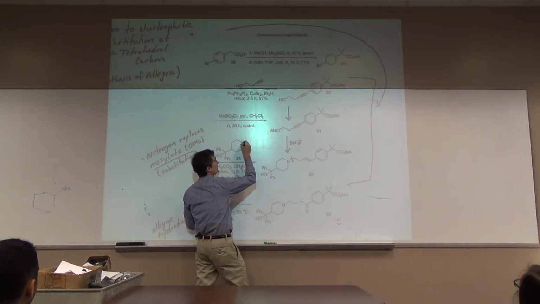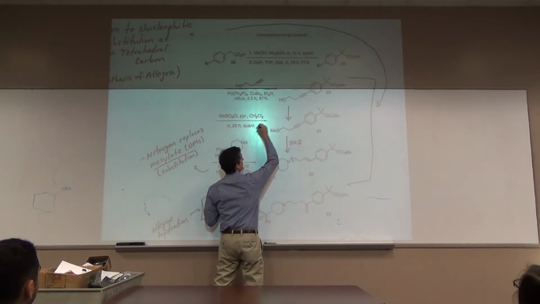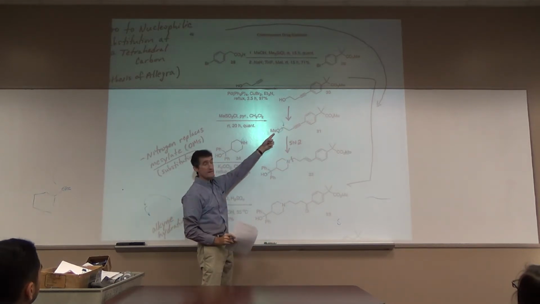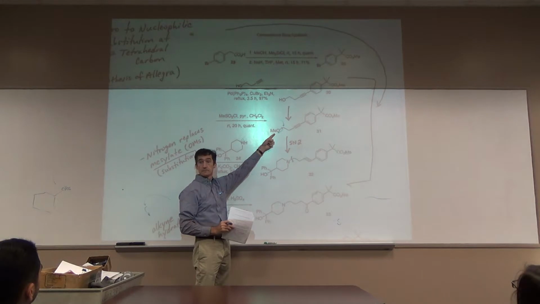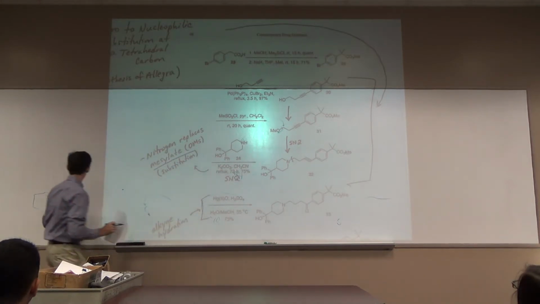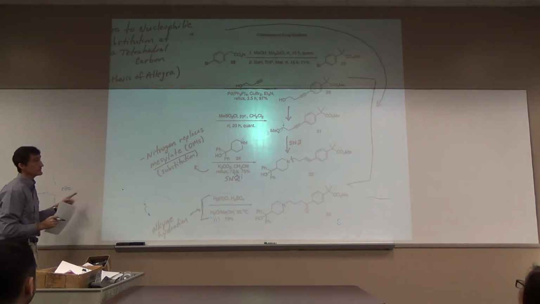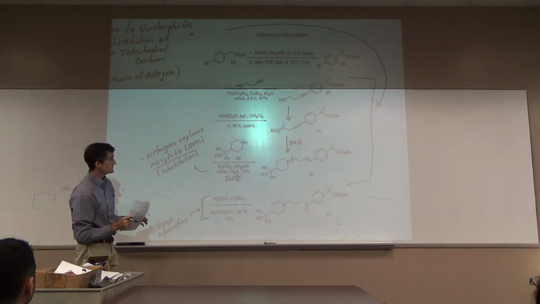This nitrogen is reacting here and kicking off the leaving group. Now, this is a mesylate. As I said, mesylates are used, but for us, more common is tosylate. Mesylate's similar. It's a good old SN2 reaction.